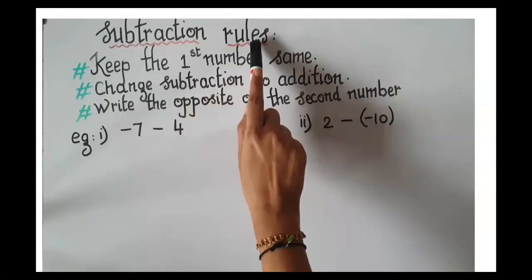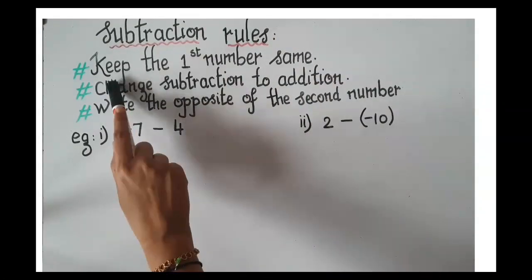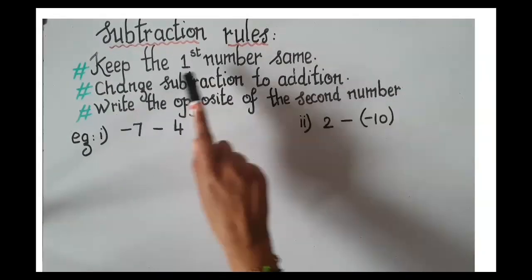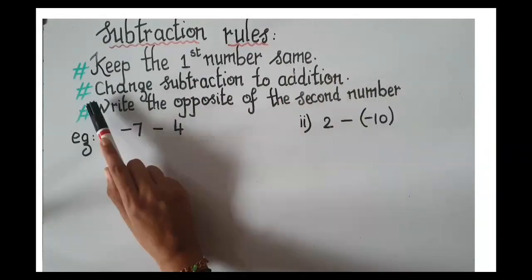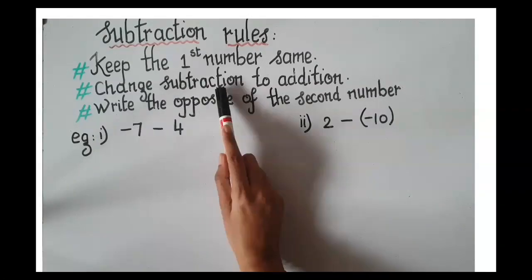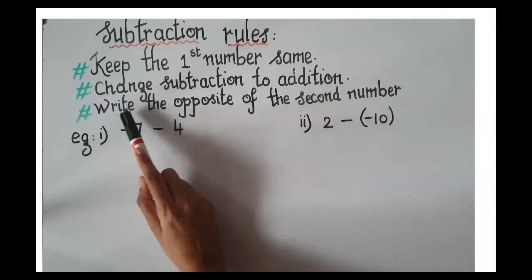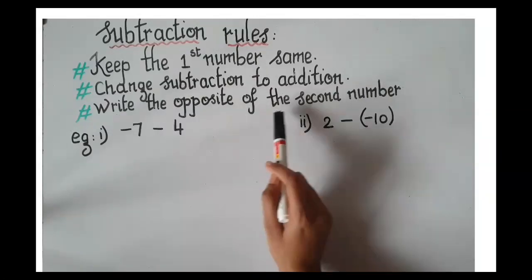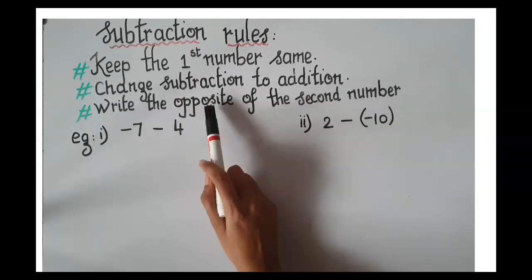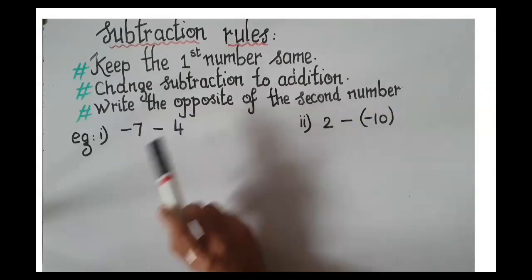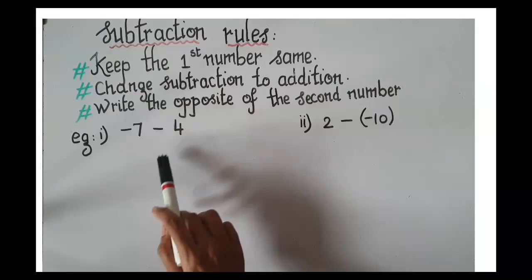Subtraction rules: keep the first number the same. Second, change subtraction to addition. Third, write the opposite of the second number. So these 3 steps we are going to follow, and then ultimately it will be the addition rules. Let's see the sum.